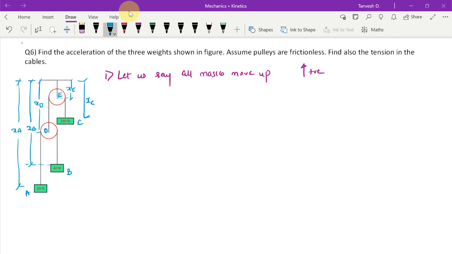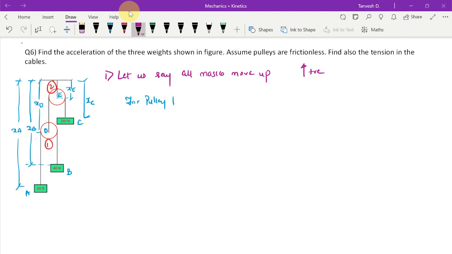Now since there are two pulley systems, their lengths need to be equated differently, right? So let's say this is the first pulley, this is the second pulley. For pulley 1, let me write that equation.